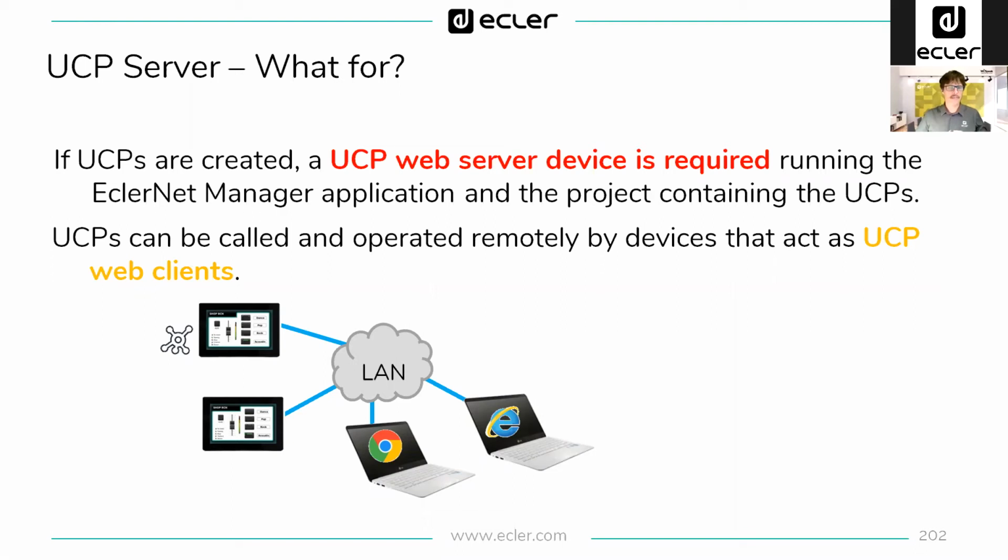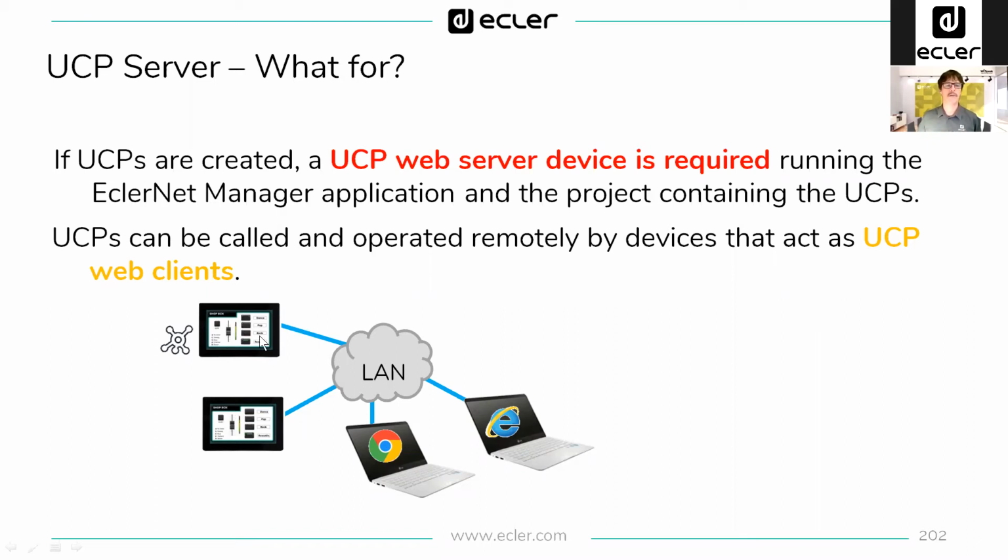For these screens, you will need a UCP server, which is the master, and then you will have other devices, which are called clients, that will get through the network to this device, and the server one will serve these UCP panels.